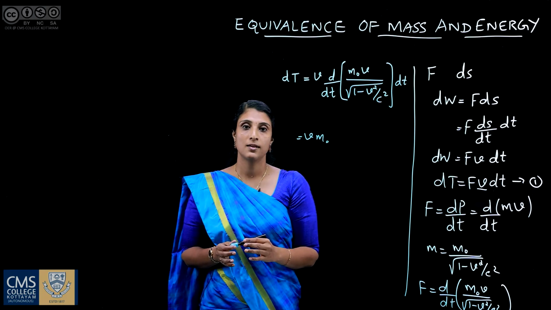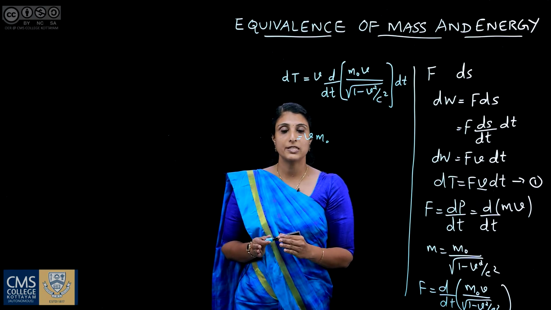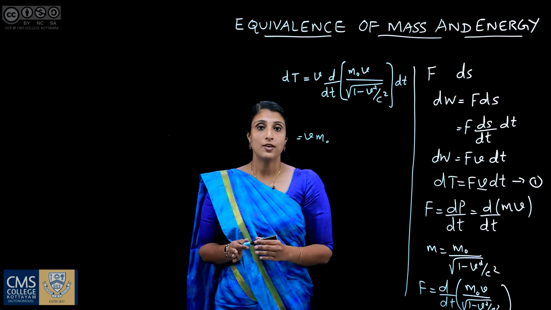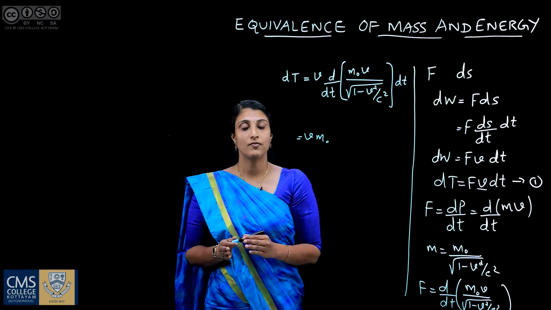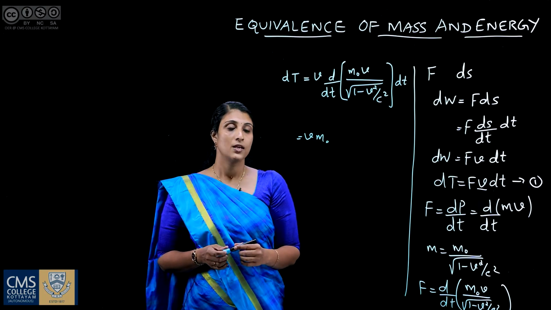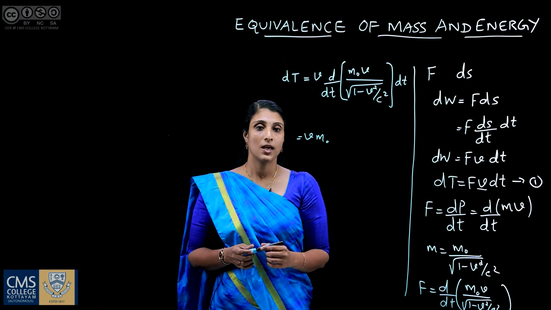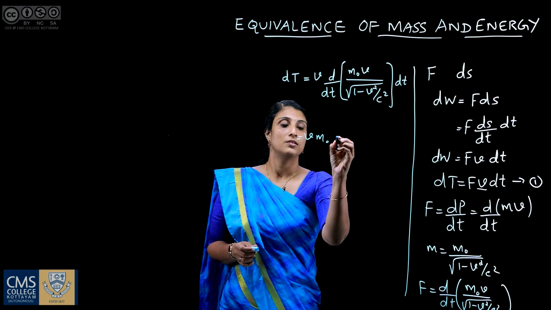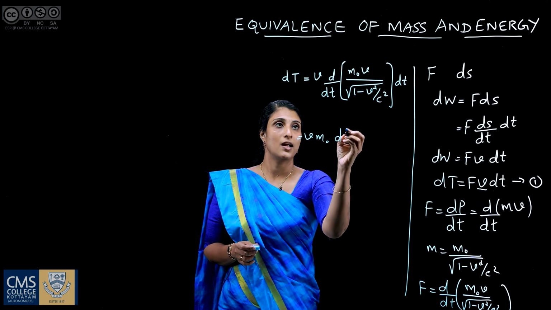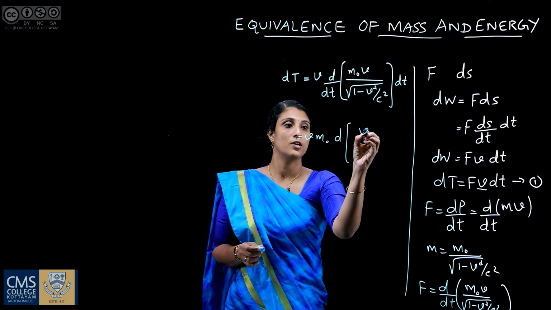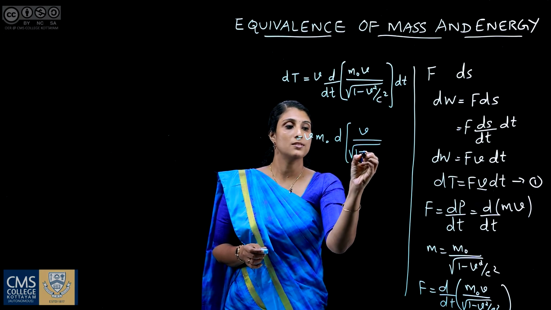Proper mass means the mass of an object measured by an observer who is at rest with respect to the object. It is a constant, so it is taken outside the differential, d of v by root of 1 minus v square by c square.